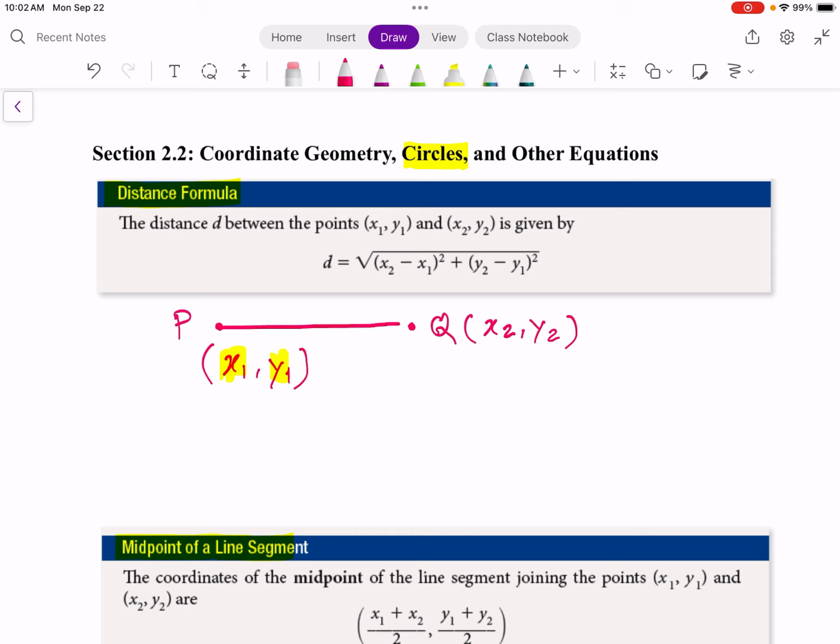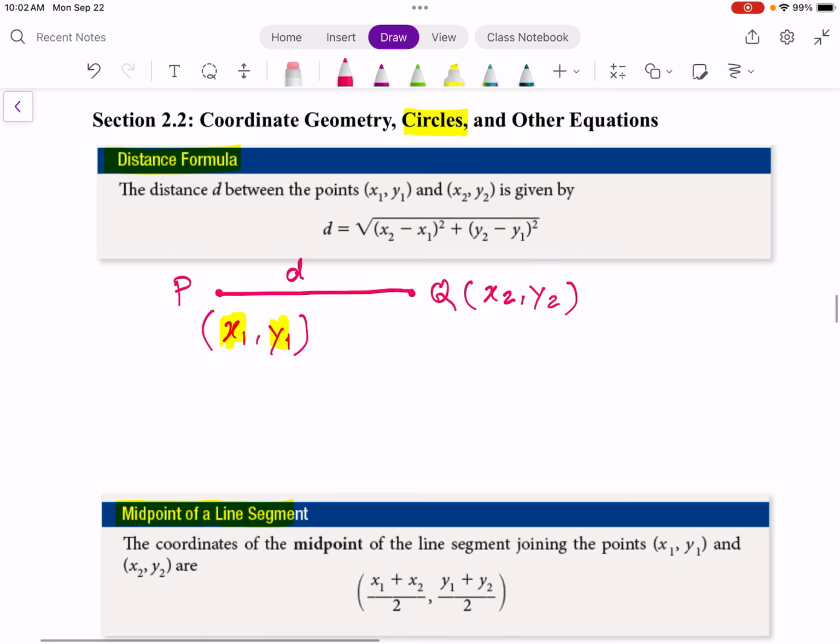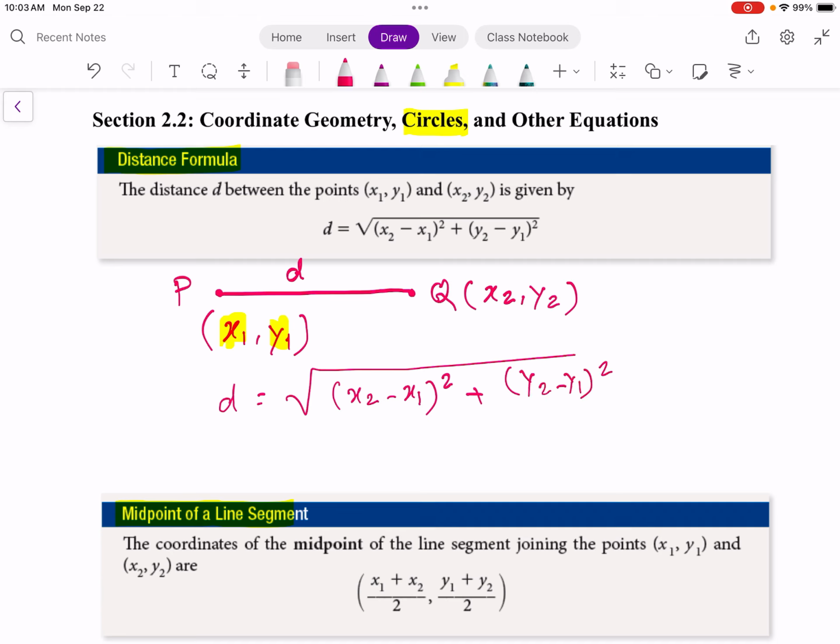Now here our target is finding the distance d between these 2 points P and Q, and the distance formula is d equals the square root of (x2 minus x1) squared plus (y2 minus y1) squared.